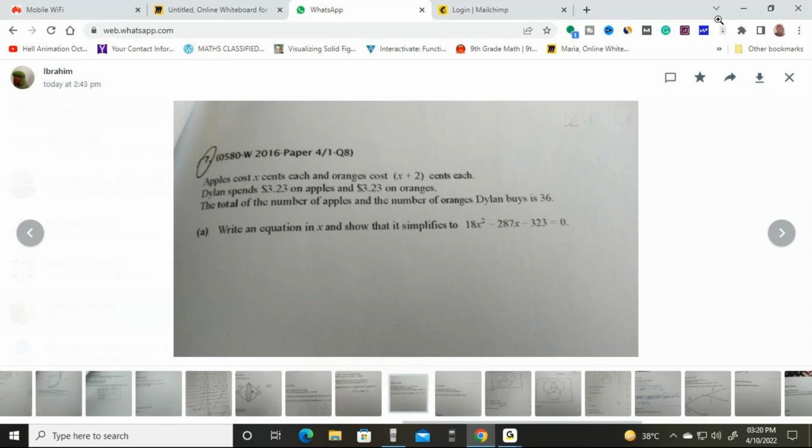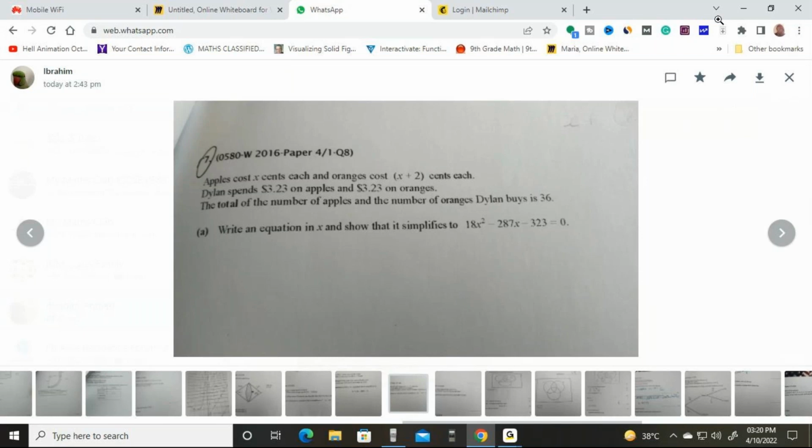Means he's spending the same amount on both fruits, right? Now, the total of the number of apples and the number of oranges Dylan buys is 36. Now, write an equation in terms of x, and show that it simplifies to this form.